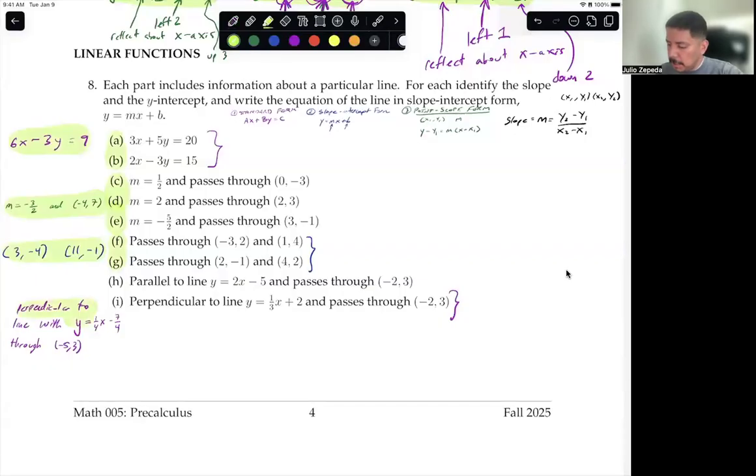This problem is very similar to H and I.